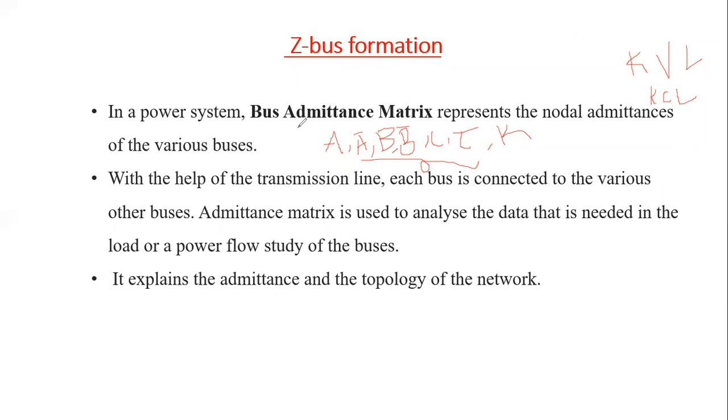It is very convenient to solve 100 nodes this way. With 100 nodes, the KVL, KCL and the incidence matrix are very difficult for solving such problems, so we use the Z-bus matrix.